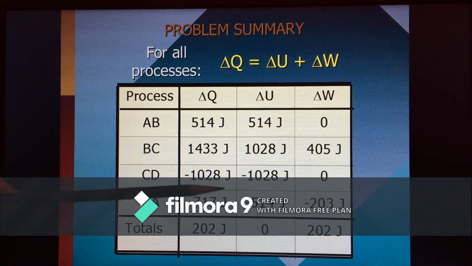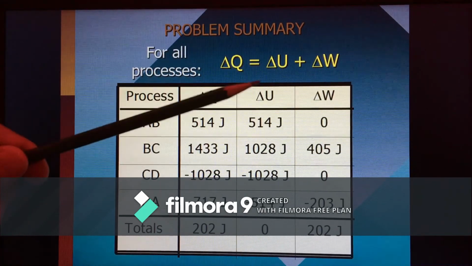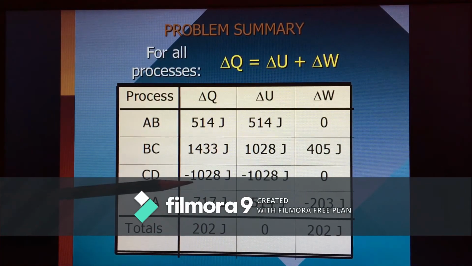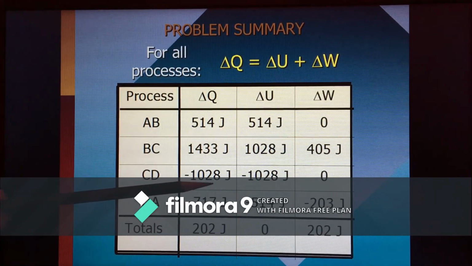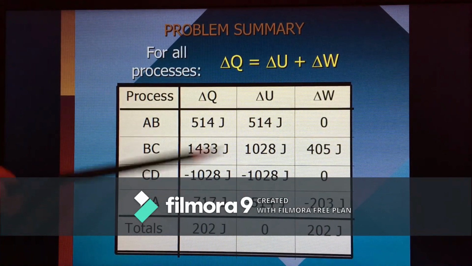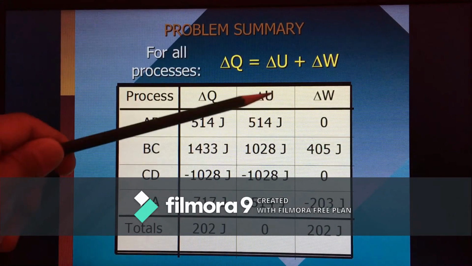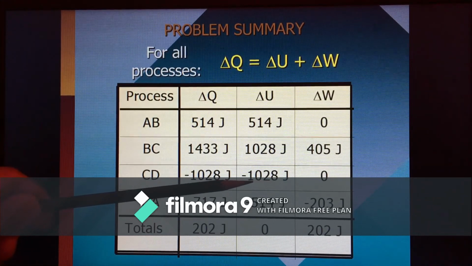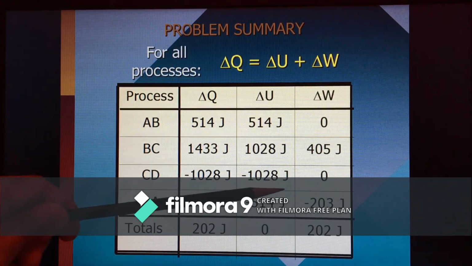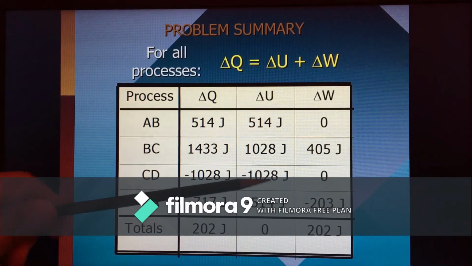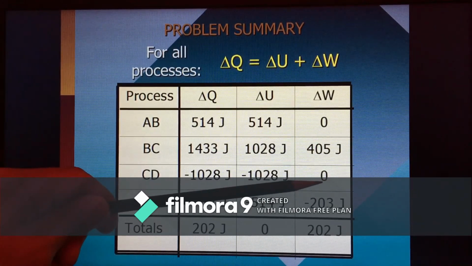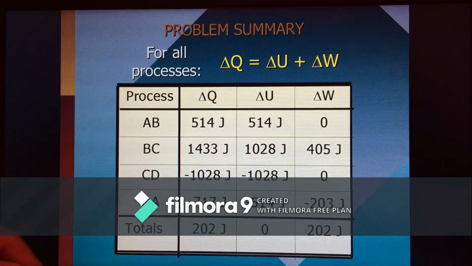For CD, from point C to D, that is the isochoric process, and we got negative 1028 joules for the change of heat. The change of internal energy is negative 1028 joules, and since this is an isochoric process, there's no work done, so delta W is equal to 0.